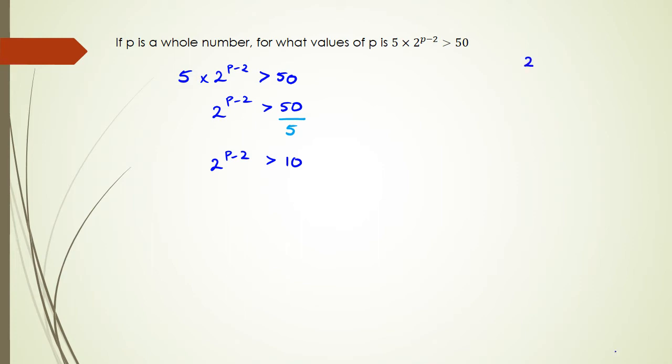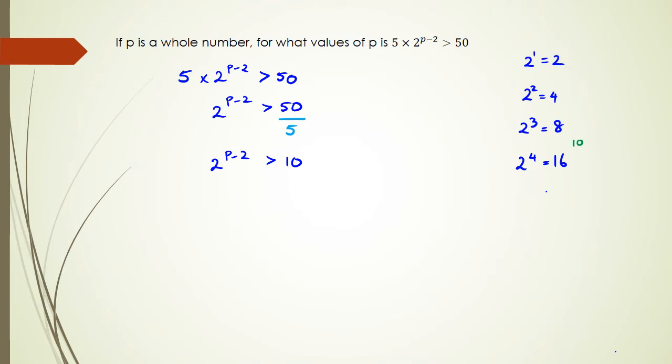So the way I do this is I go 2 to the power of 1 is 2, 2 squared is 4, 2 cubed is equal to 8, 2 to the power of 4 equals 16. Now, I know that 10 is between 8 and 16, so it's somewhere between 2 to the power of 3 and 2 to the power of 4.